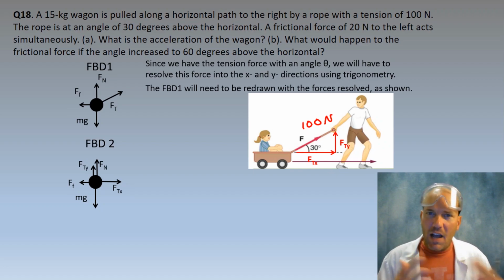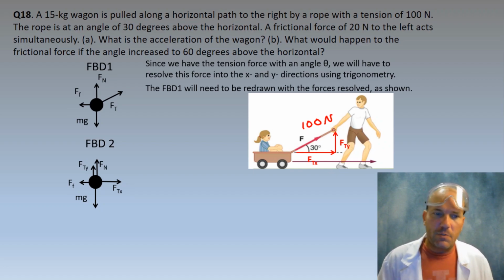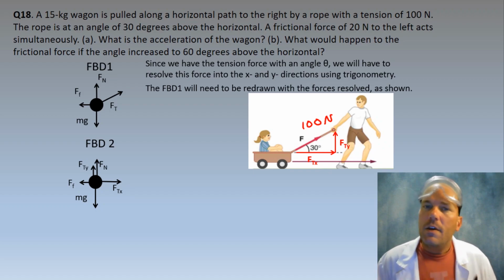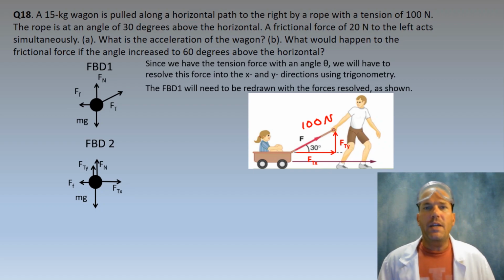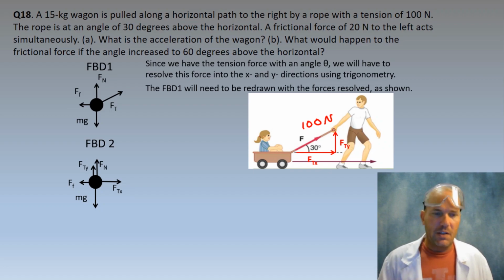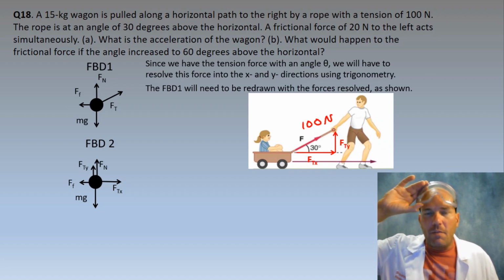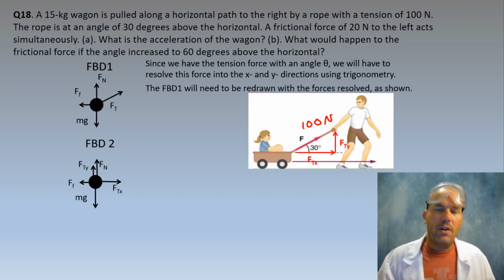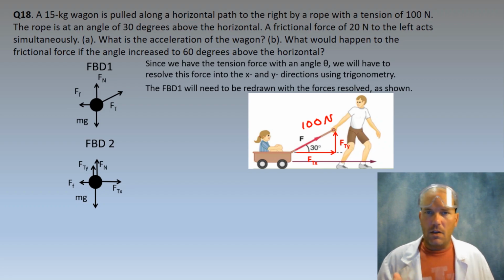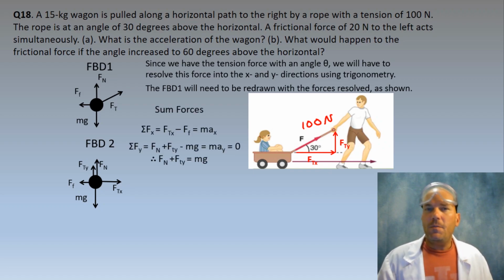So when we resolve the force of tension into X and Y, we need to redraw the free body diagram showing the resolved forces. Okay, so you can see free body diagram 2, I've done that. We now have force of tension X and force of tension Y, along with our other forces acting on the wagon.